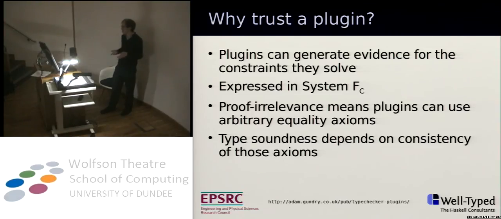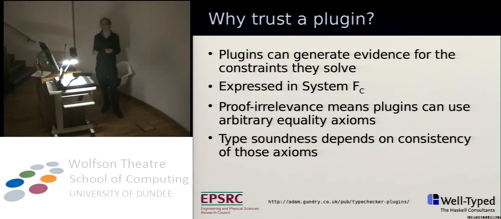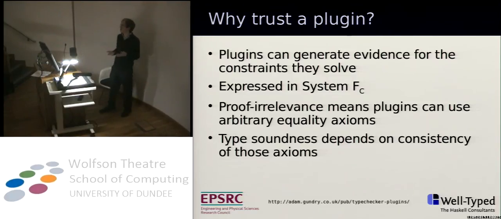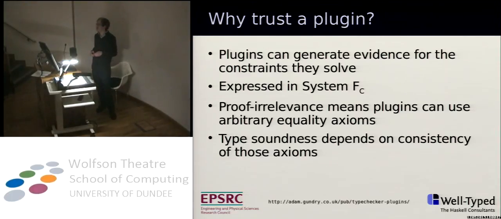So in the case of units of measure, what this could mean would be writing down the axioms of abelian groups and then showing that any constraint that the plugin solves can be derived from those axioms. It's much like the elaboration process that Edward was talking about, actually constructing the evidence. That, in fact, isn't implemented for the prototyping units of measure plugin I'm describing, but in principle it's that.